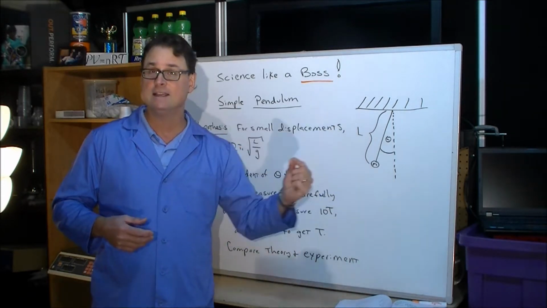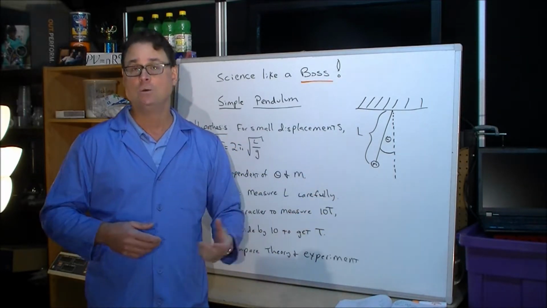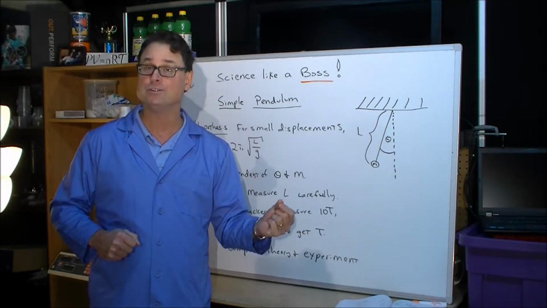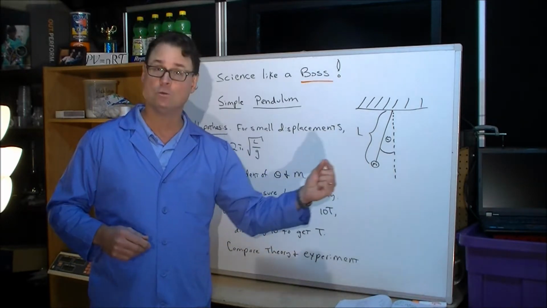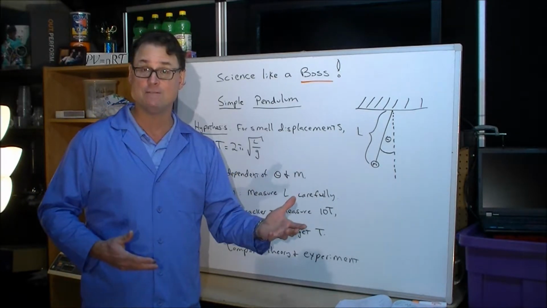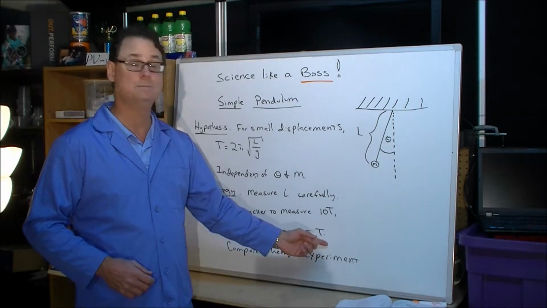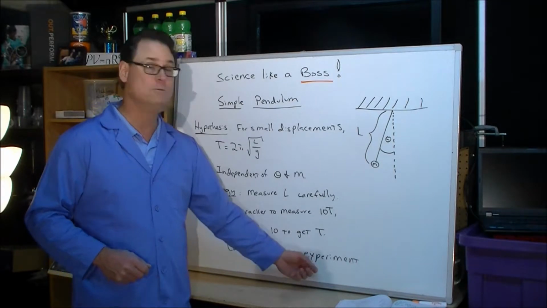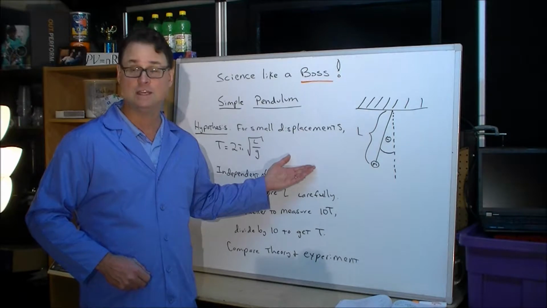But by letting it swing back and forth 10 times and then dividing by 10, we end up increasing the accuracy by a factor of 10 as well, so that the accuracy for one period that we're measuring ends up to be 1/300th of a second rather than 1/30th of a second. And by measuring the period experimentally in this way, we can compare the theory with the experiment and see if our hypothesis is supported.